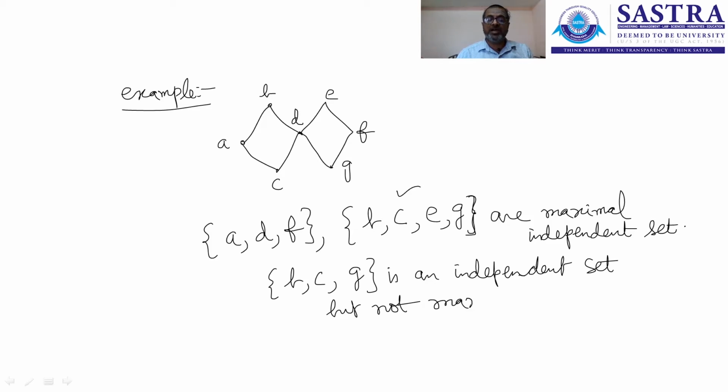Because I can add another vertex. I can add E to this set, and B, C, E, G is an independent set, so B, C, G cannot be a maximal independent set. So now what we will be doing here is enumerating all the maximal independent sets of a graph.